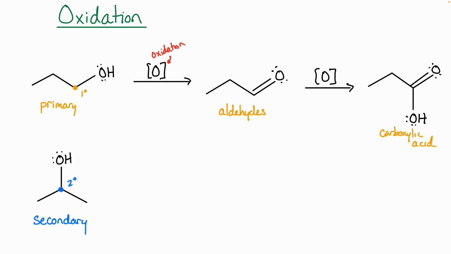All right, and you just want to take a step back and convince yourself that at each step here, you have created an additional carbon-oxygen bond on that particular primary carbon.